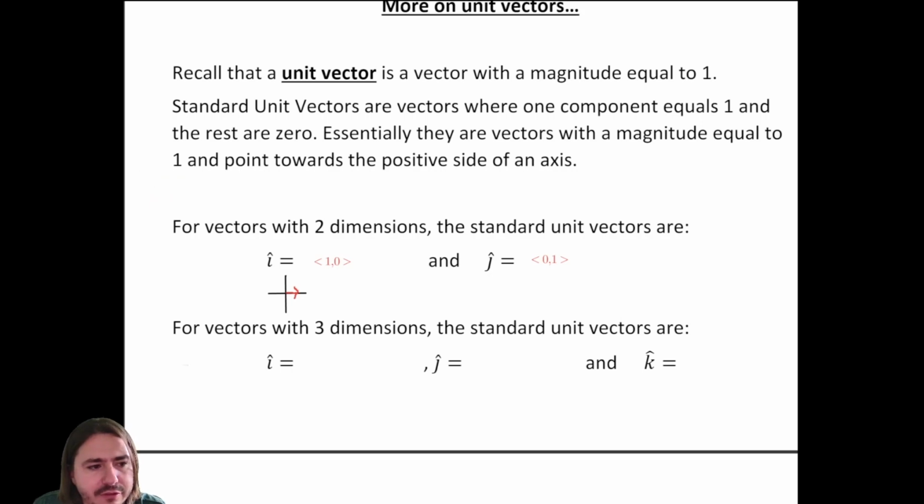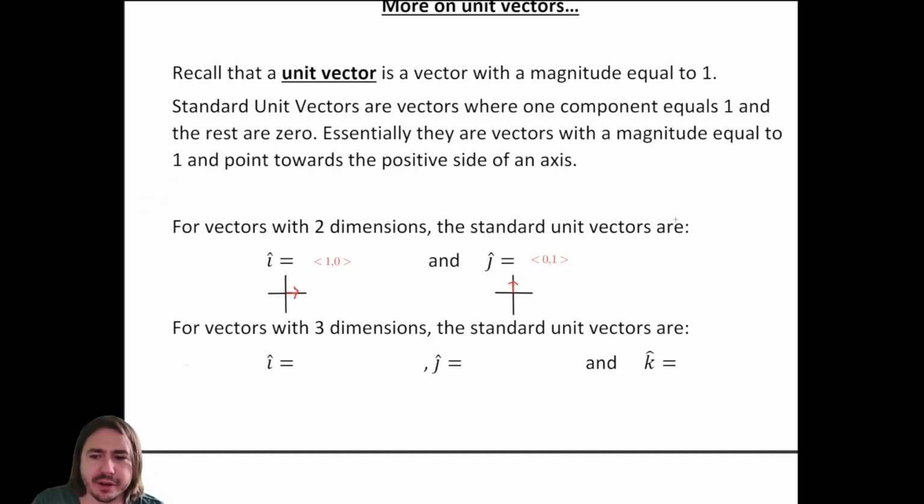And this j represents a 1 unit long vector in the positive vertical direction. So it looks kind of like this, where this is at 1.